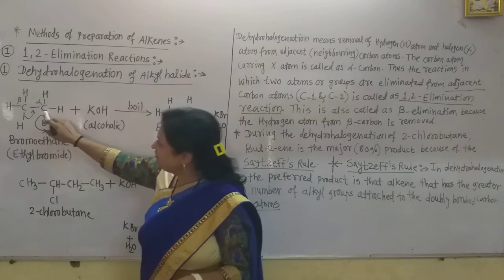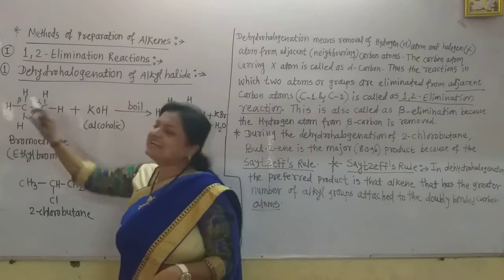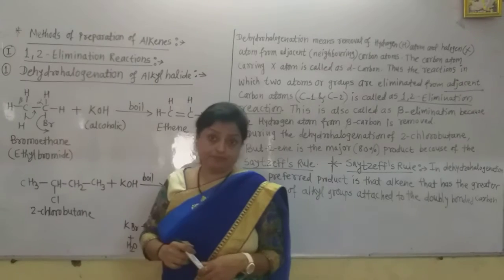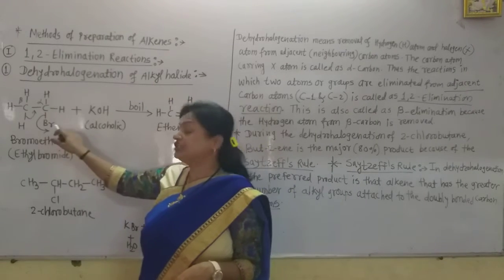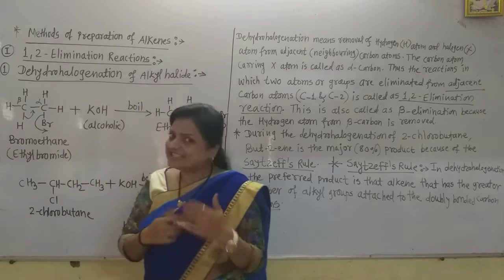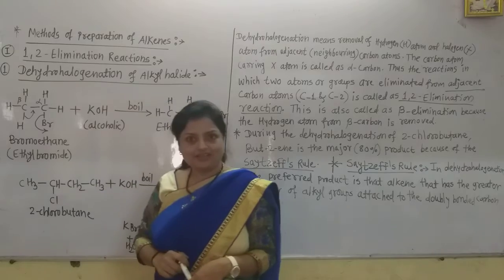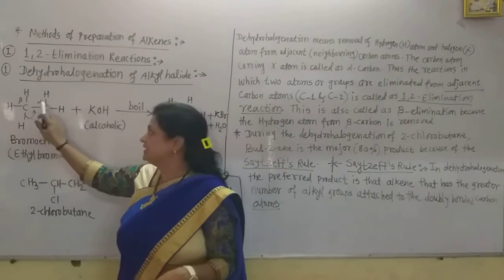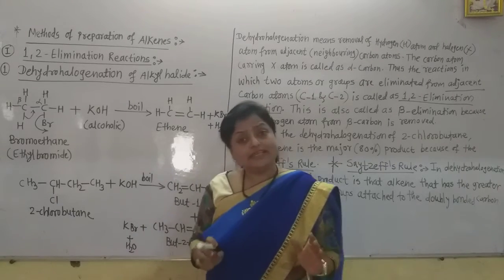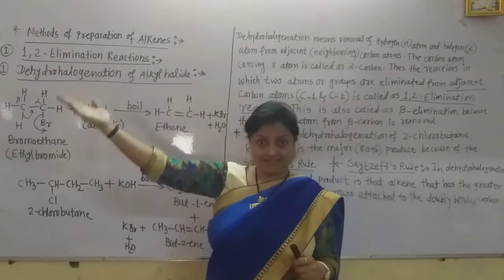This is the first carbon because bromine is attached to that, and this is the second carbon. It is also called the alpha carbon atom to which the halogen is attached, and the adjacent, meaning neighboring, carbon is called the beta carbon, or it is also called the 2. This is 1, 2. Now here, elimination means what? Elimination means remove out or evolve.